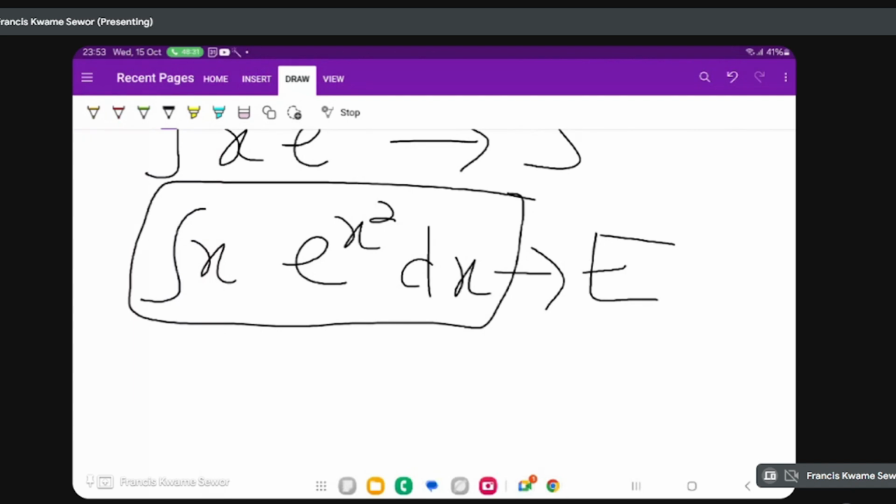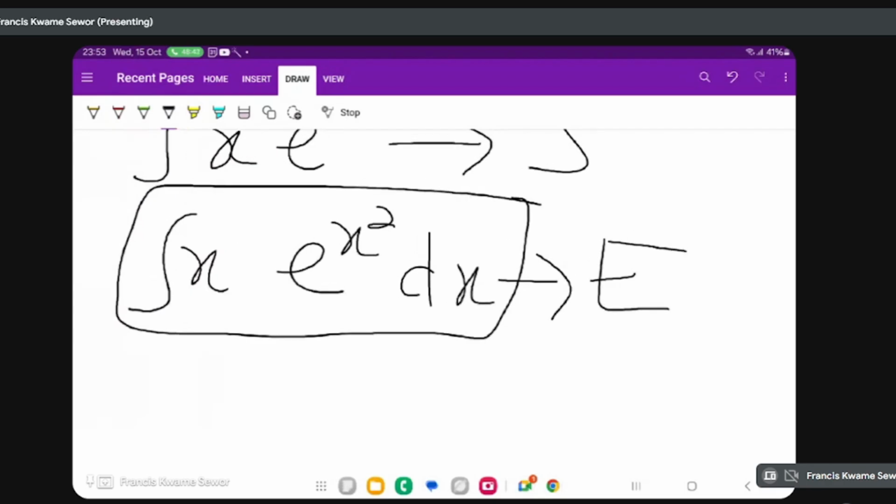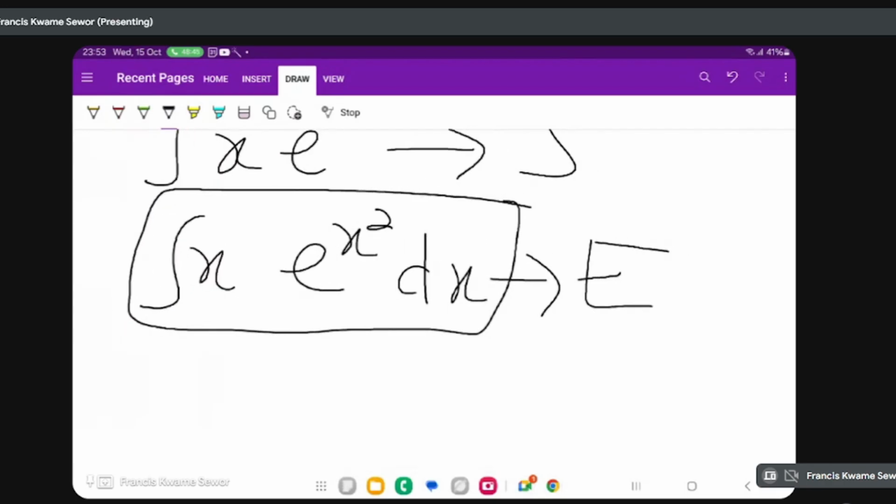You can represent u with x squared. Why are you telling me it's possible? It's not possible. We overlook that fact. Now you know the thing, so you are rushing it.